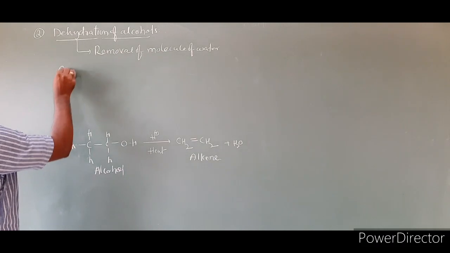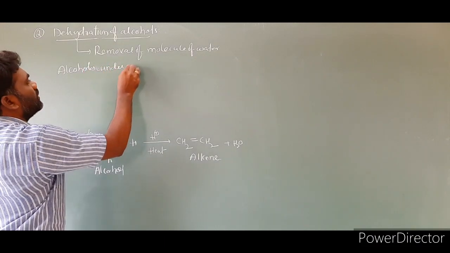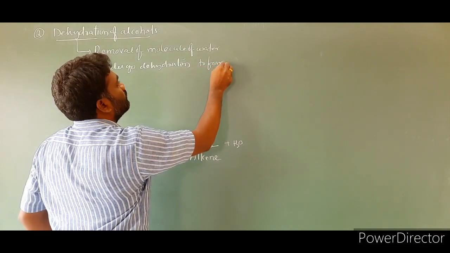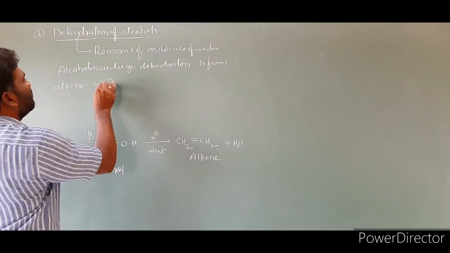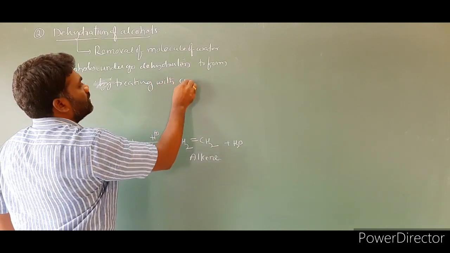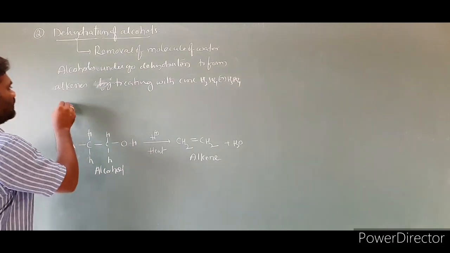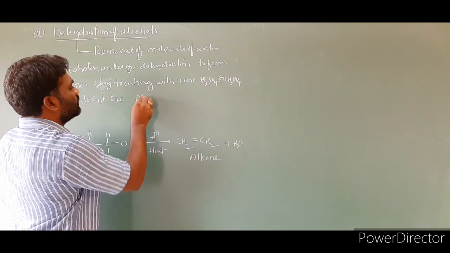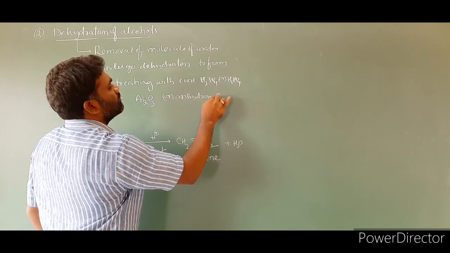Write the sentence. Alcohols undergo dehydration to form alkenes on treating with concentrated H2SO4 or H3PO4, or a catalyst such as Al2O3, alumina, or we can take anhydrous ZnCl2.